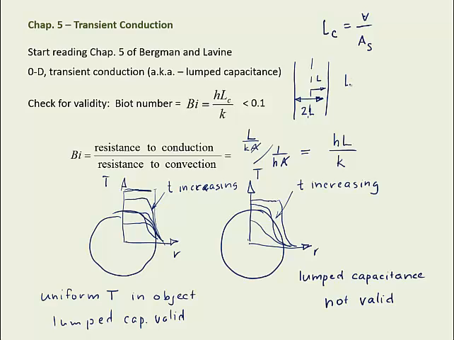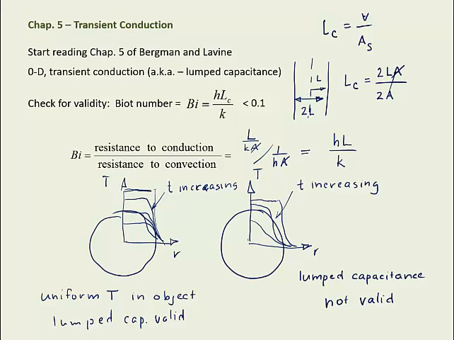And if I write my definition for characteristic length, the volume would be 2L times some surface area. And the surface area, because I have two faces now that could be exposed to this changing temperature or changing surface condition.